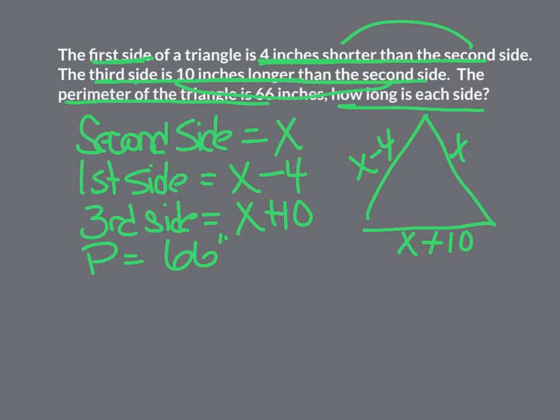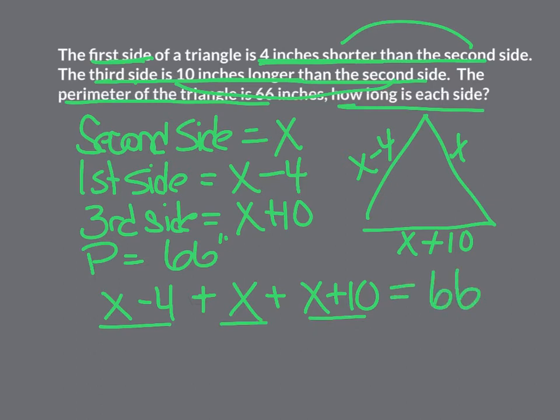So I know if I add up the sides, that's my perimeter, right? So let's write the equation. We got side number 1 is x minus 4 plus side number 2, the second side is x, plus our third side is x plus 10. So all sides add up and equal 66. So now we'll just solve that.